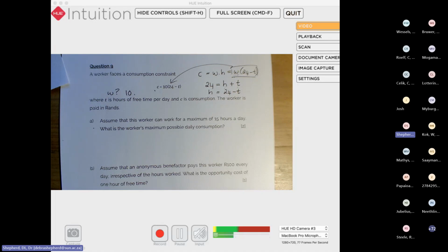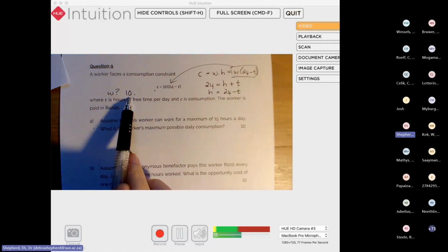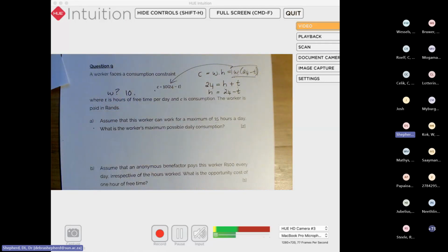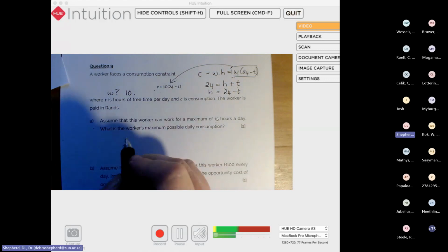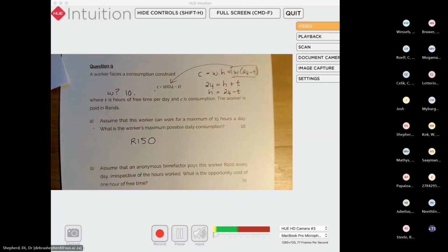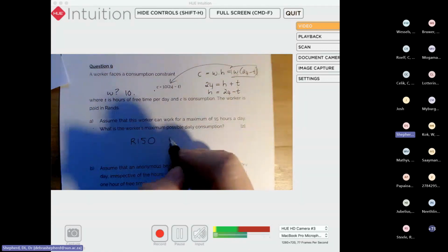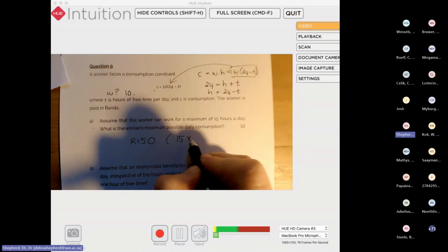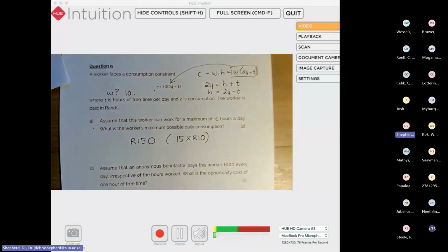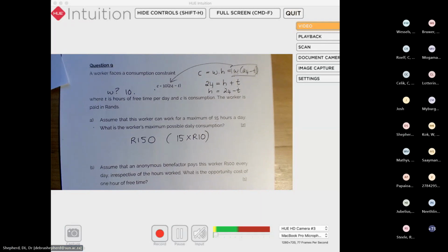What is the worker's maximum possible daily consumption? So at most, they can work 15 hours a day. We've just established that their wage rate is 10 Rand. So what is the maximum consumption per day? 150 Rand. Great. So that we would find as 15 times that 10 Rand, which is the wage rate.